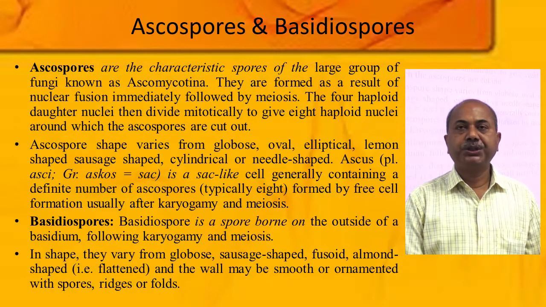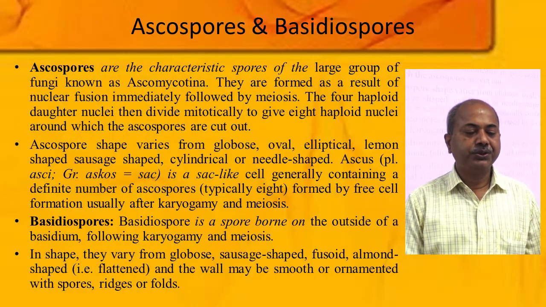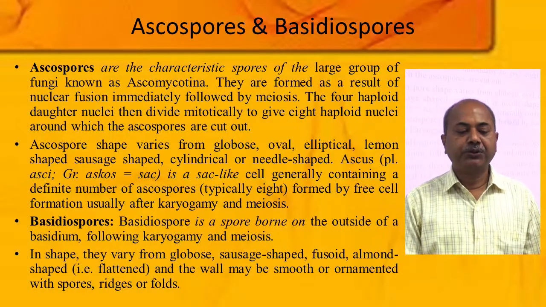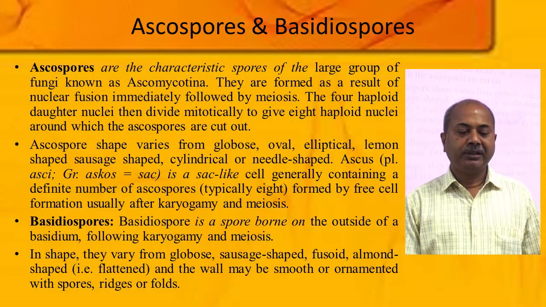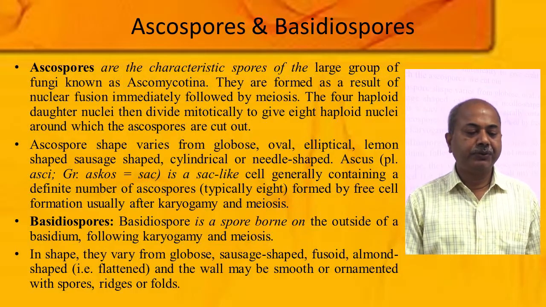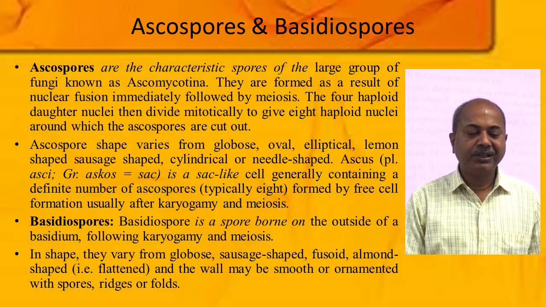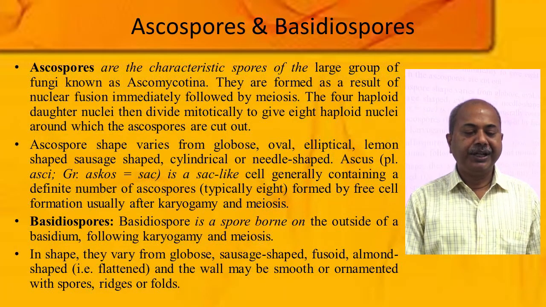Now ascospores and basidiospores. What are ascospores? Ascospores are characteristic spores of a large group of fungi known as Ascomycotina, which I have earlier told you, and they are formed as a result of nuclear fusion immediately after meiosis, and the 4 haploid daughter nuclei can divide mitotically to give 8 haploid nuclei around which the ascospores are cut out.